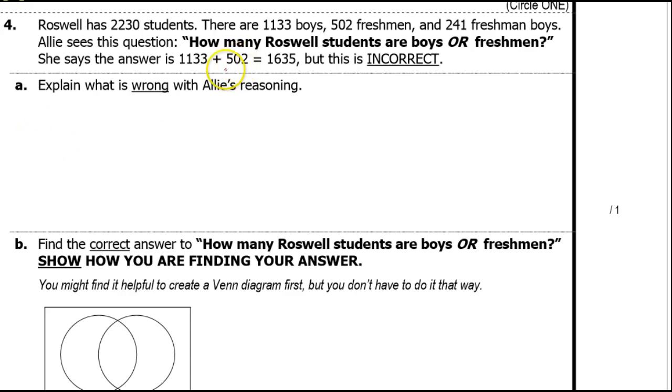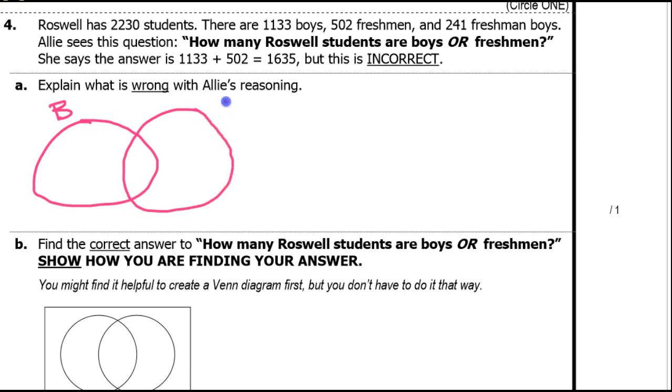Okay, so we've got this many boys. All right. So if this is set B, this is boys. All right. So we have some boys, and then we've got the set of freshmen. All right. But there are some boys who are also freshmen.